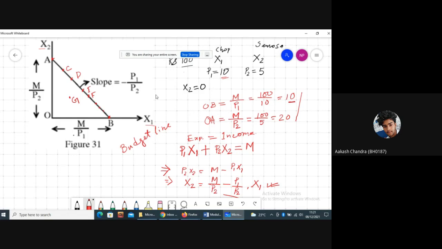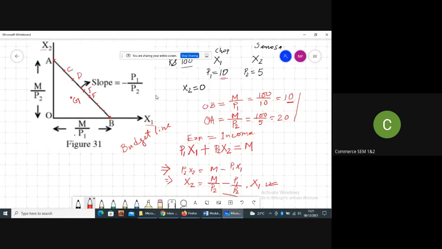Well, any point inside the budget line AB means that you are not on the budget line. So compared to this point, you can increase your consumption of X1, or you can increase your consumption of X2, or you can increase consumption of both X1 and X2 and move toward the budget line.